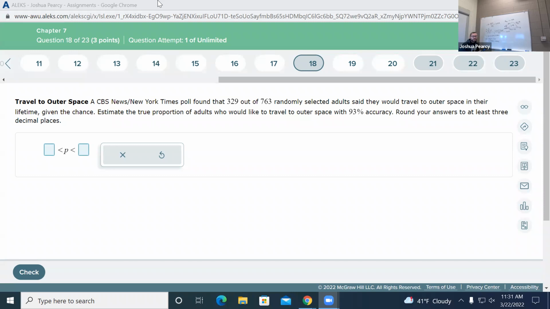So if it says round to 3 decimal places, what does this give you? 0.400 to 0.464. Should I dare check if that is correct?